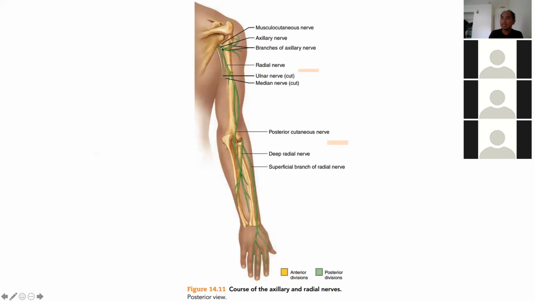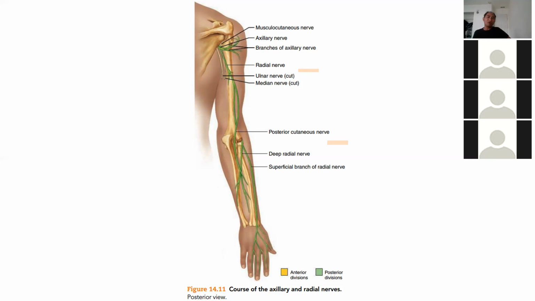You can see the axillary nerve winding around the neck of the humerus. And this nerve is very prone to injury for somebody with a dislocated shoulder. So for a dislocated shoulder patient, you have to assess the axillary nerve function. The axillary nerve is a mixed motor and sensory nerve.